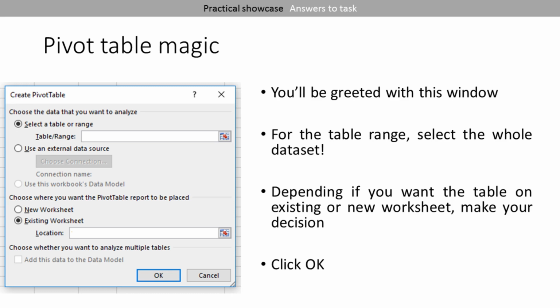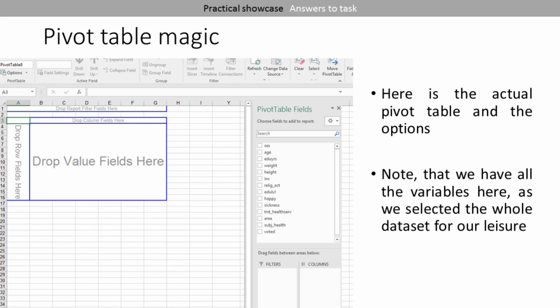No need to fuss around with single variables and stuff like this. So select everything. It's going to be the easiest, least complicated way. And then you can do the pivot table on the existing worksheet, what you have already selected, or a new worksheet if you like to. The choice is yours. And now the actual pivot table has been generated. As you can see, it creates the framework of a cross tabulation right there.